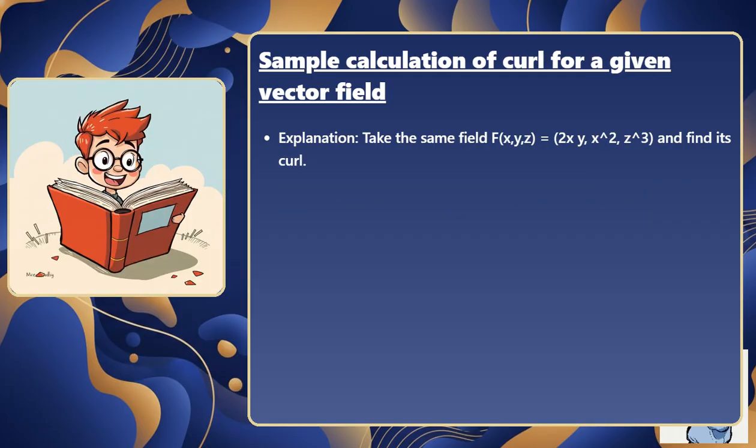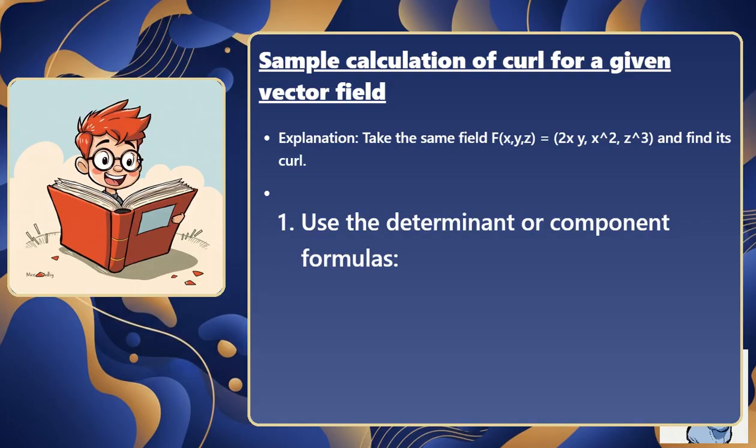Explanation: take the same field f of x, y, z equals (2xy, x squared, z cubed), and find its curl. 1. Use the determinant or component formulas: the x component of nabla cross f equals partial of f_z with respect to y minus partial of f_y with respect to z equals 0 minus 0 equals 0.